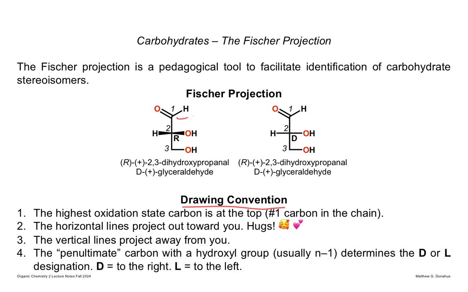So we see that aldehyde is at oxidation state 2. The horizontal lines are projected towards you. The vertical lines, even if they're drawn in a straight line or plane, are always going back. And then the penultimate N-1 carbon bearing the hydroxyl group determines the D or L nomenclature.